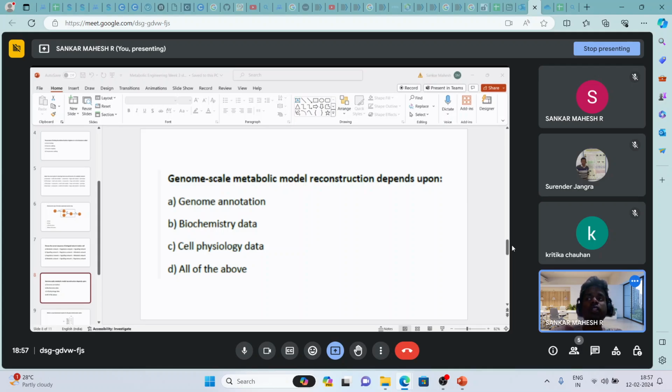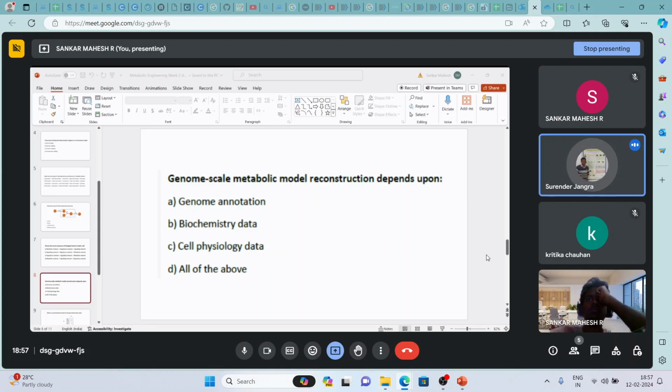Okay, let's go ahead with the discussion. Surendra or Kritika, you can mention what you think is the right answer and why specifically. So genome scale metabolic model: as the name indicates, there should be involvement of the genome.